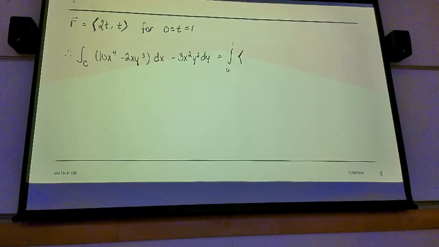Is that the start point? Keep going. Minus 4 t to the 4. Is that simplified? No. 160 minus 4 is 156 t to the 4. Oh, minus 12 t to the 4.